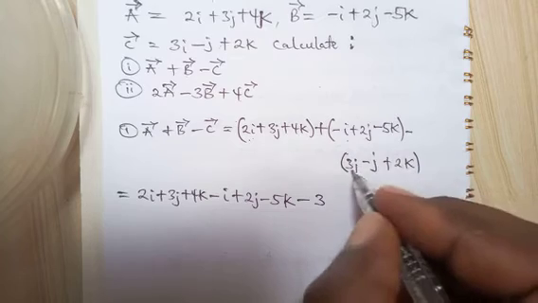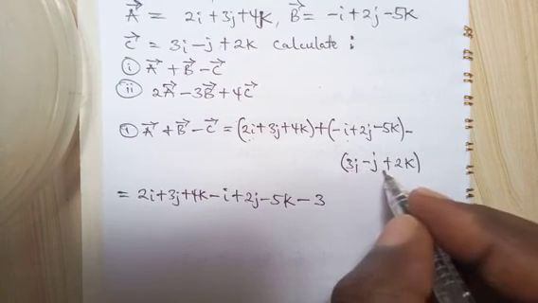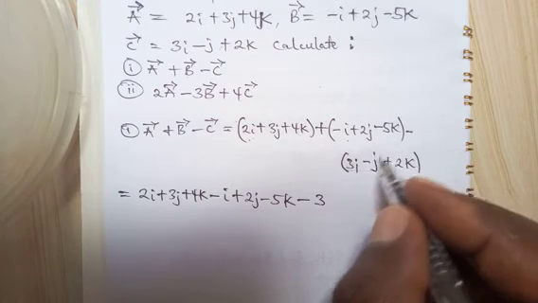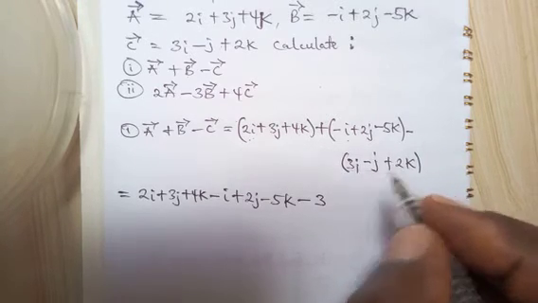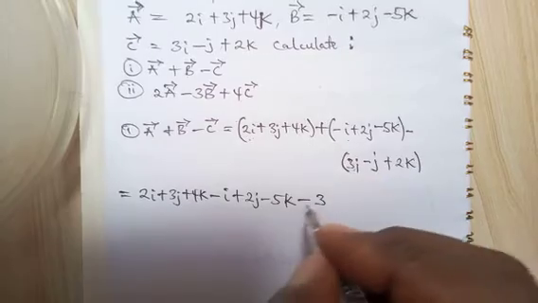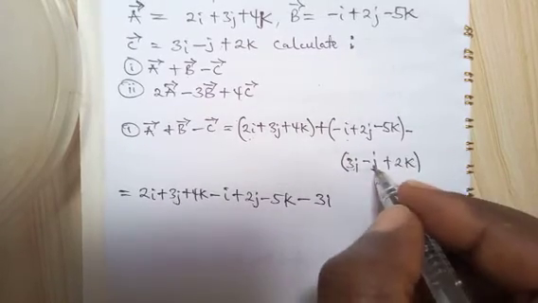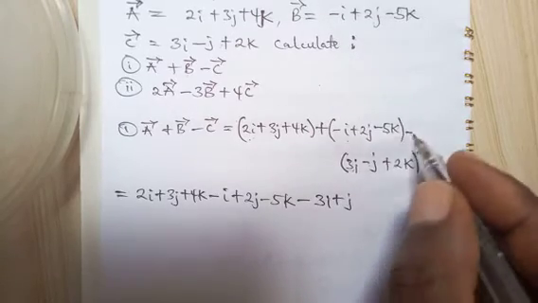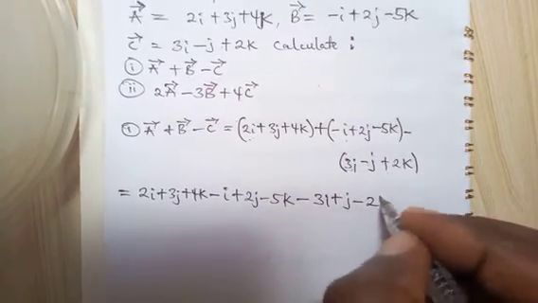This minus C, the minus is going to affect everybody that is in C. That's what you need to know. So minus 3i, minus times minus gives you plus j, minus times this gives you minus 2k.